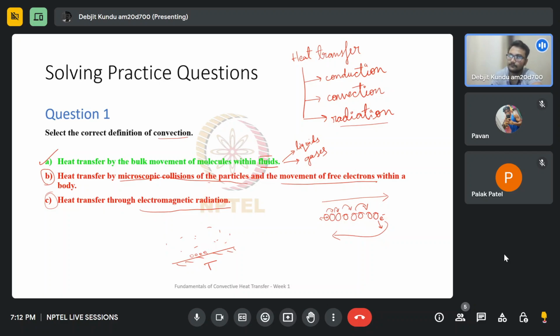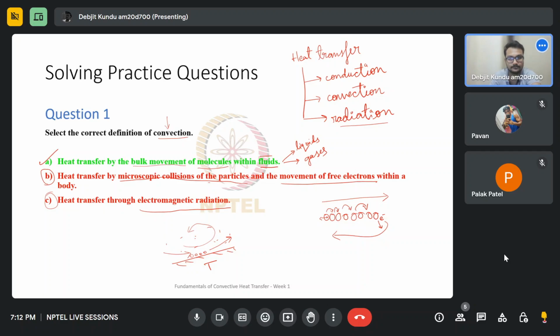But after it either gains some heat energy or loses it, it will flow, and some other molecule will come to take its place. Then again, it would gain or lose some energy through conduction and again move away. So this conduction in combination with flow forms what we call convection.